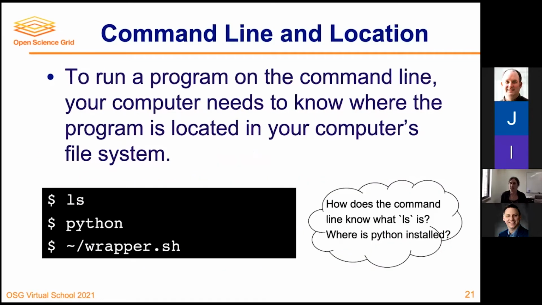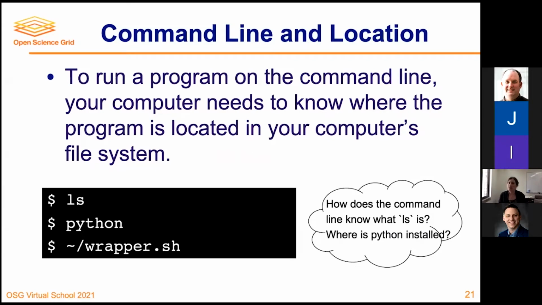Okay, I think this is our last concept that's going to impact software portability, and it puts the previous two together. So our software files have to go somewhere. We have to run our software from the command line. In order to do that, the command line, whatever we're using, needs to know where we put our software files.